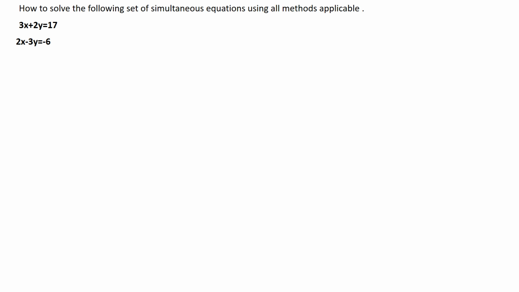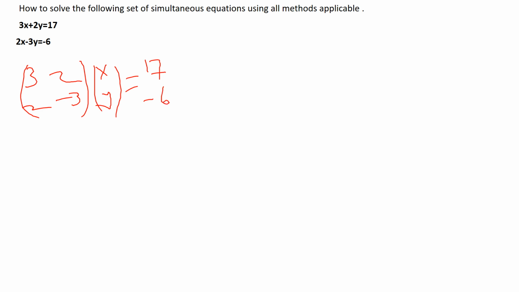For us to use the matrix, we need to first of all put the equation in the matrix form, so that we can have 3, 2, 2, and then negative 3, and then we can have the value of x, the value of y there, and then here this one is equals to 17 and negative 6.